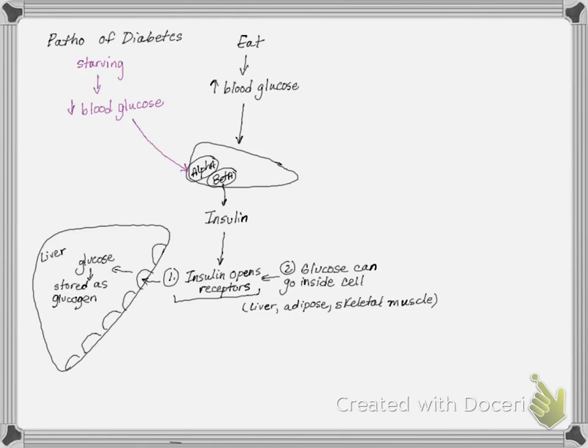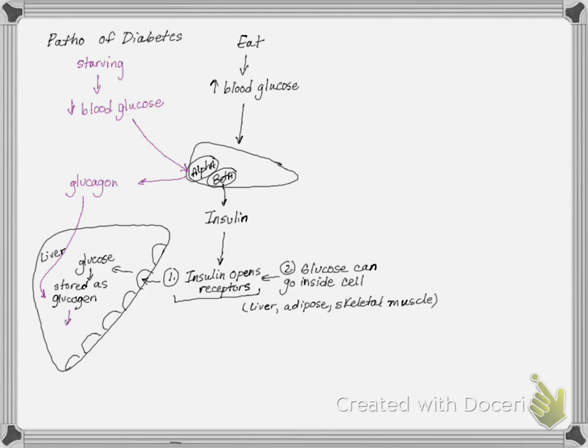It tells the alpha cells that they need to make glucagon. Okay, so they spit out glucagon. This glucagon then goes to the liver, and it tells the liver to convert this glycogen back into glucose.